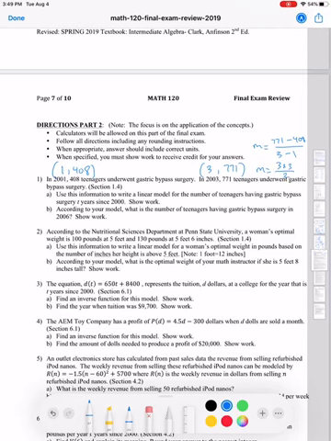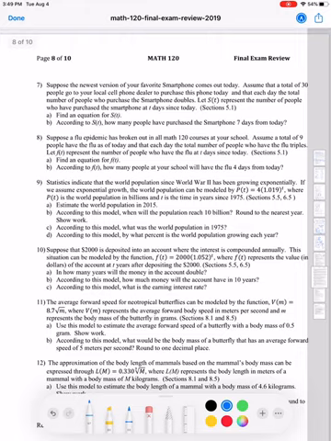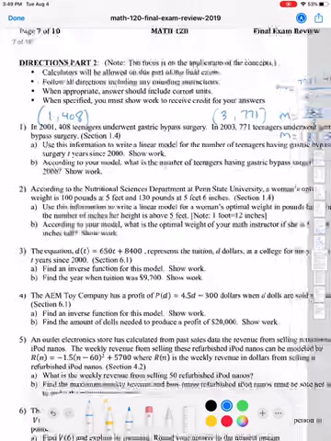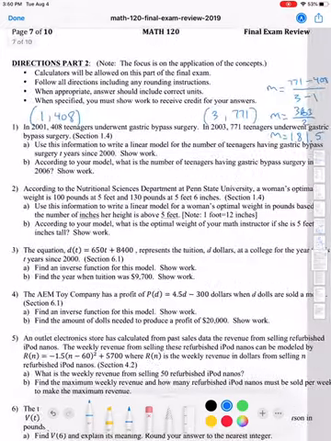$363 divided by 2. You find out that the slope is 181.5. The next thing to do is to use the y minus y1 equals m.